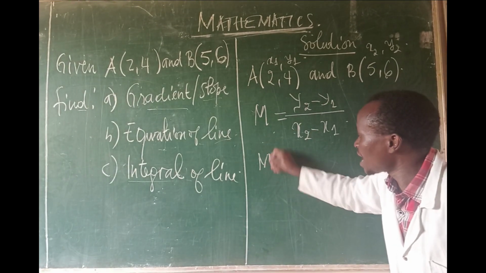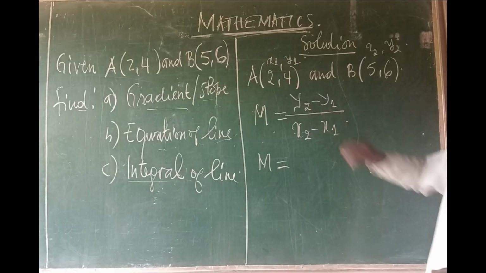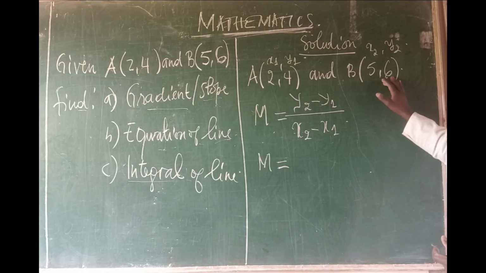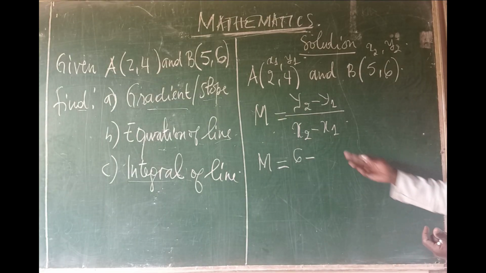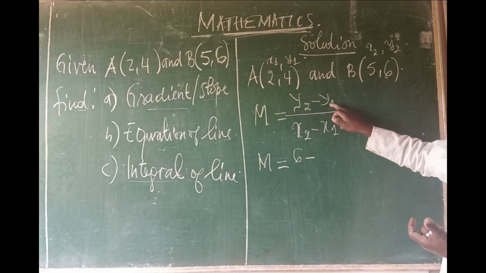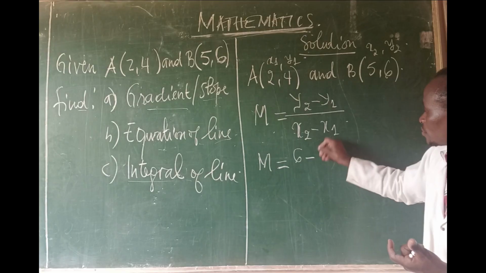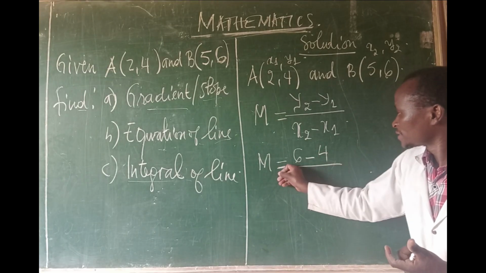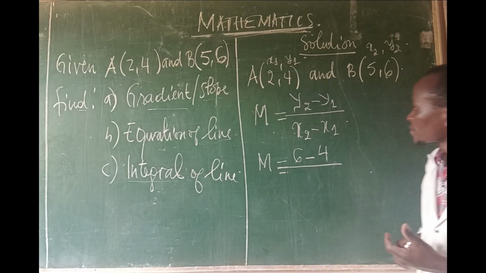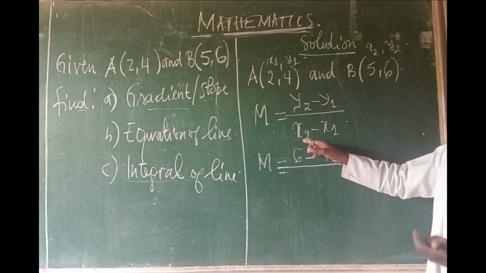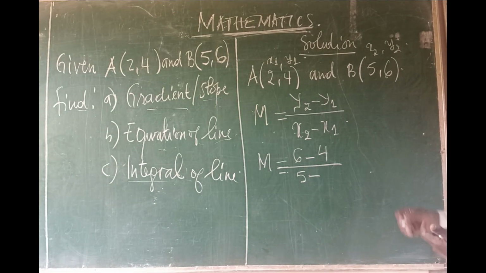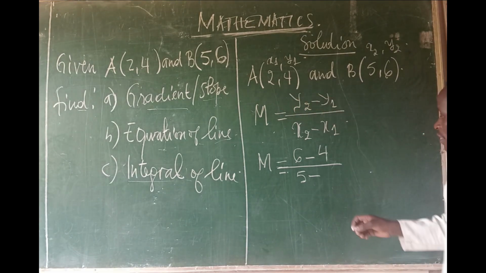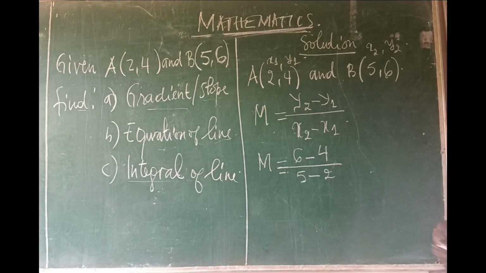So now our gradient should be: y2 is 6, minus y1, which is 4, over x2, which is equal to 5, minus x1, which is equal to 2.